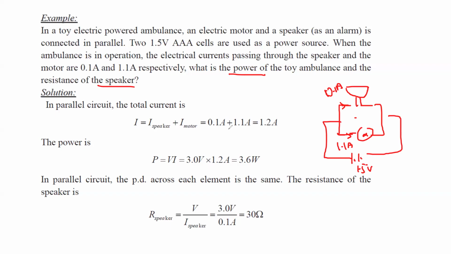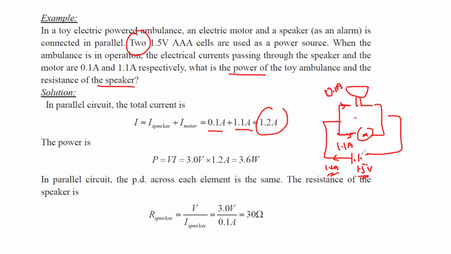The current in the speaker is 0.1 and the current in the motor is 1.1. So what is the total current? 1.2. So 1.2 is the total current which enters the circuit, and the EMF of the supply is 1.5 per cell, and there are two 1.5 volt cells.